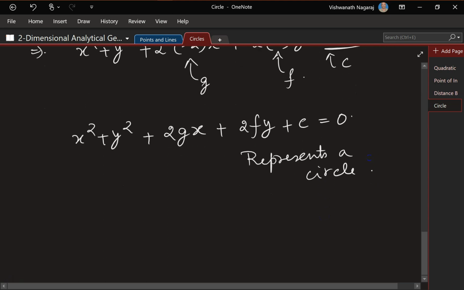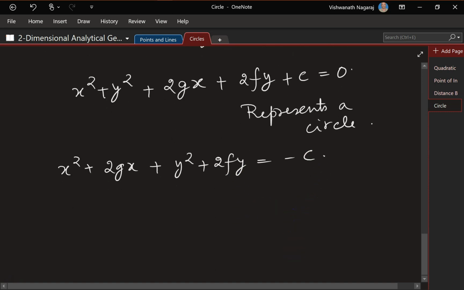So I feel that this represents a circle. Now, is that correct? Let's see whether we can prove that this represents a circle. Let's rearrange it: x square plus 2gx plus y square plus 2fy equal to minus c.